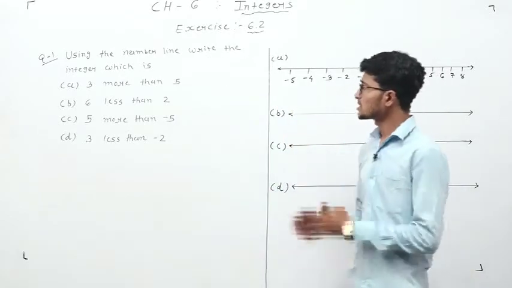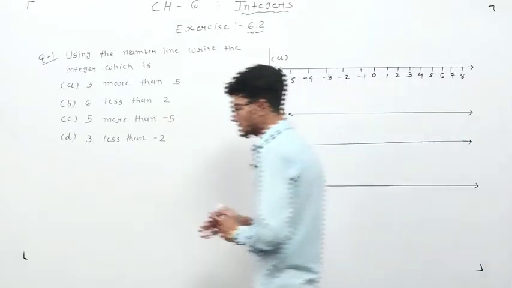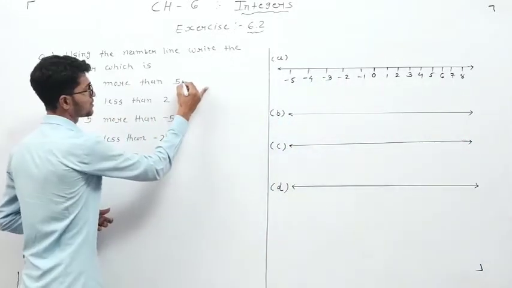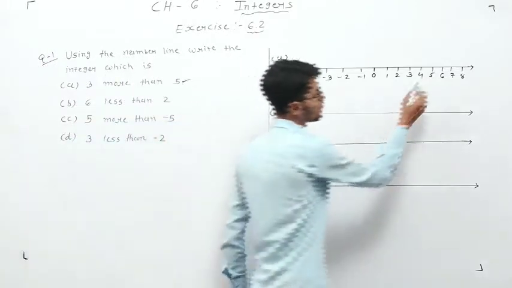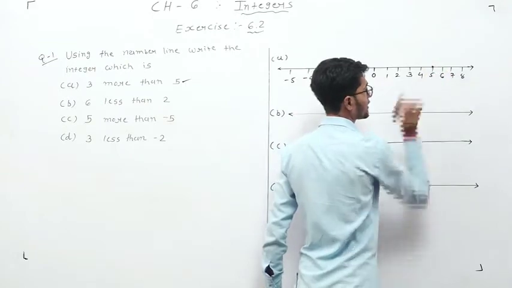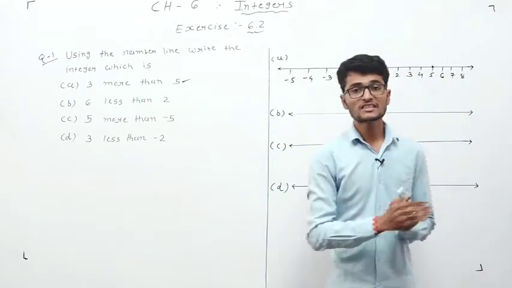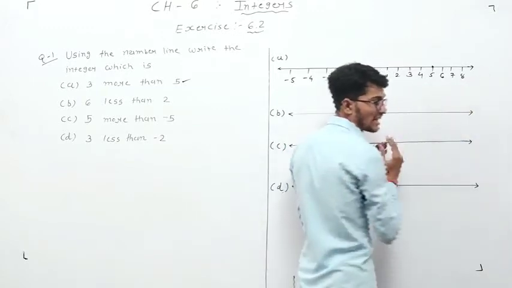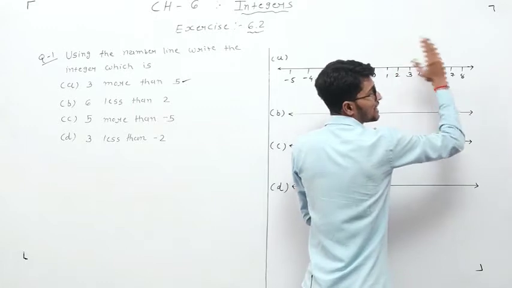Now the first question, 3 more than 5. First of all, check the last digit. Our last digit is 5, so here is our 5. Now, more than means slide to the right hand side, so slide to this side.